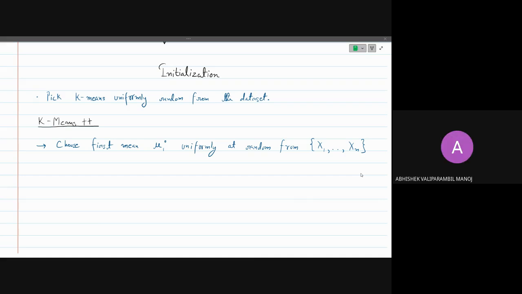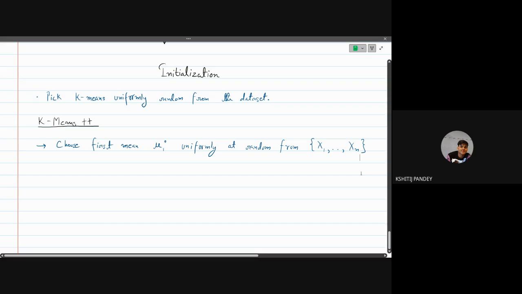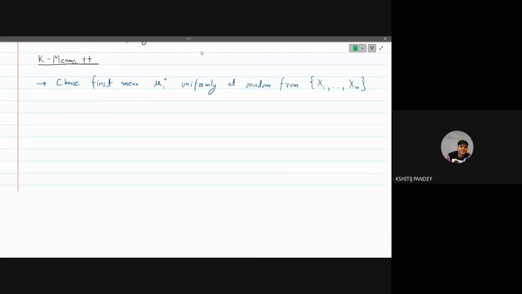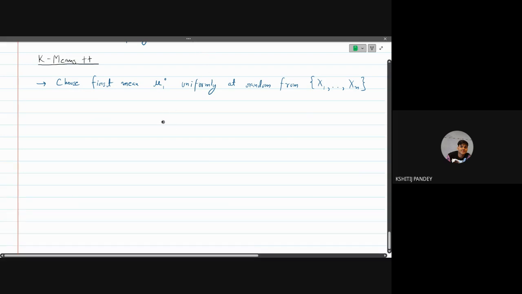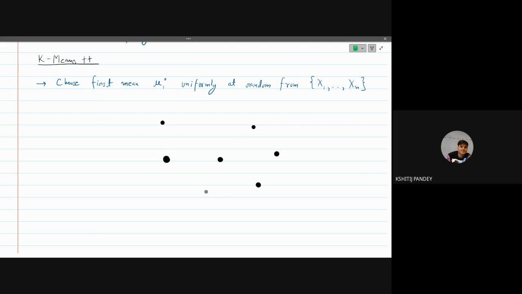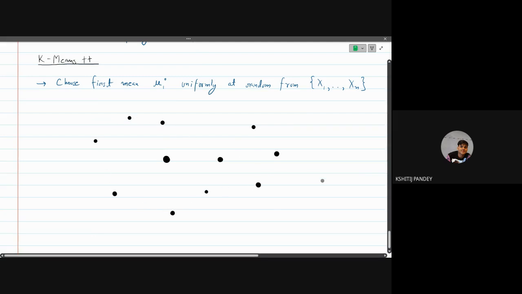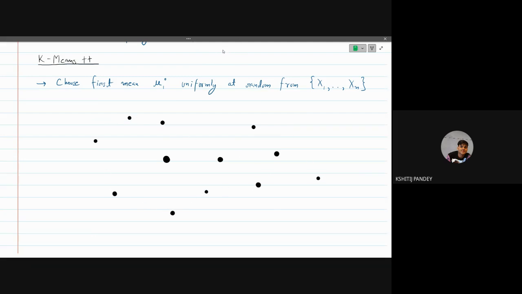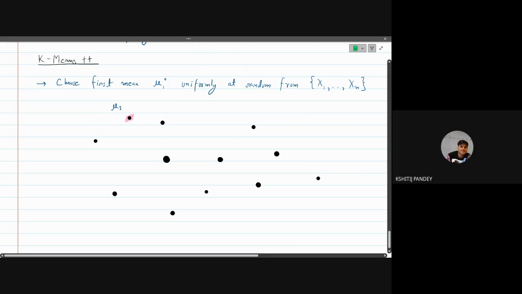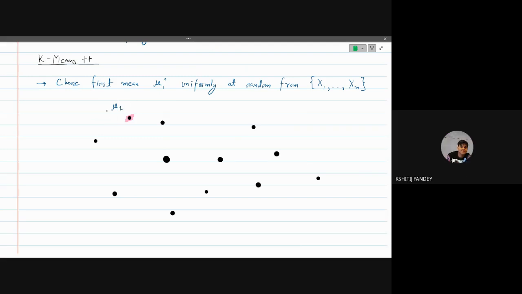So from this, let's say from a given data set, these are my data points. If I have chosen this one as mu1, then mu2 should be far away from this, correct?